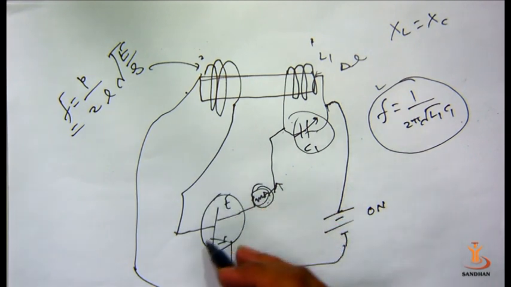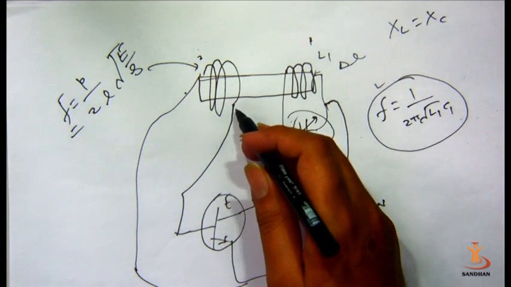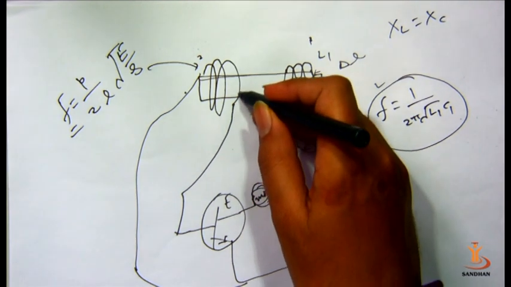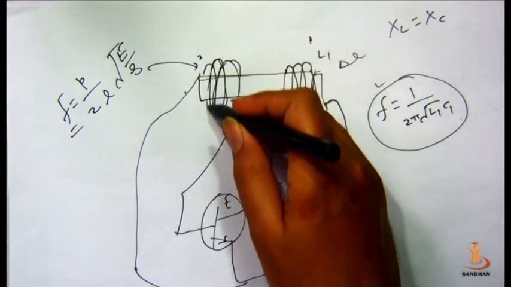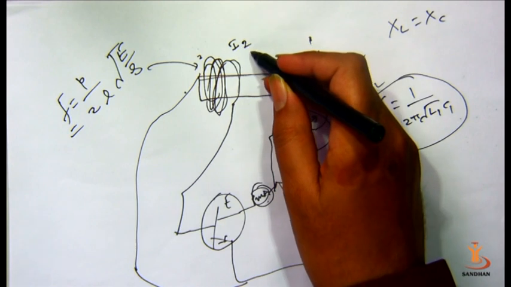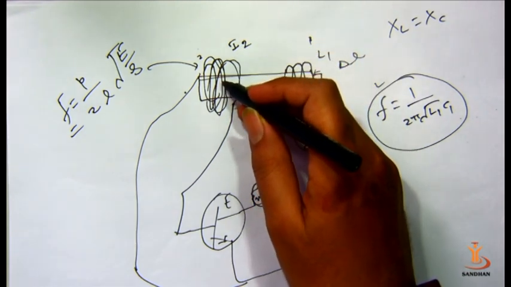Emitter current always controls the base current. The base current is directly connected to inductor L2. So what happens? A greater current, I2, is passing through the inductor L2.